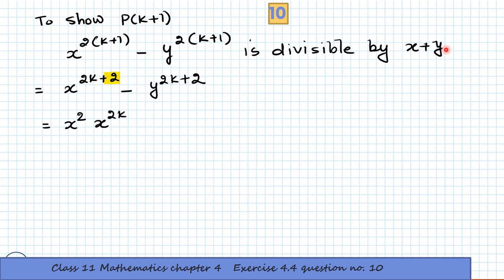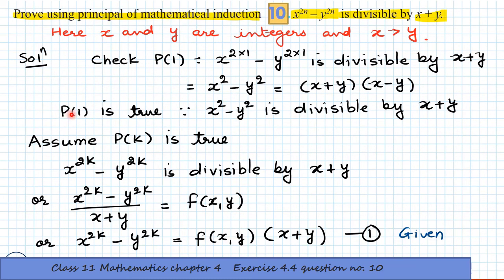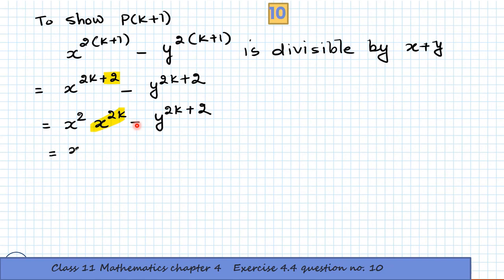X power 2 into k plus 1 means x power 2k plus 2 minus y power 2k plus 2. Now consider x square. Therefore, x square into x power 2k minus y square into y power 2k, or another way, y power 2k plus 2.